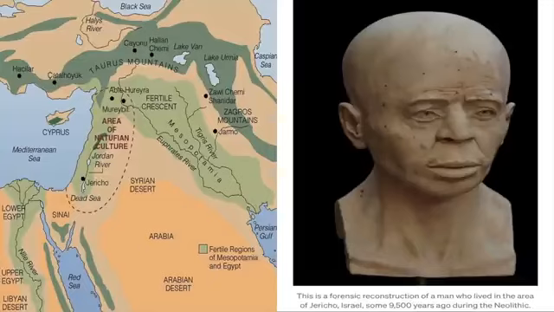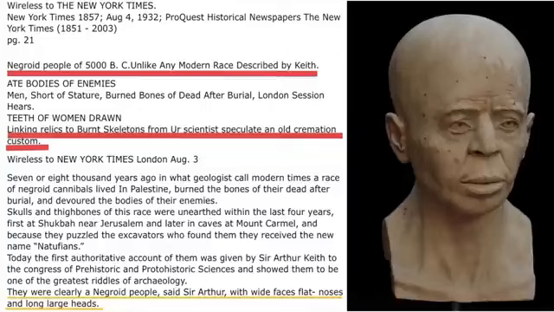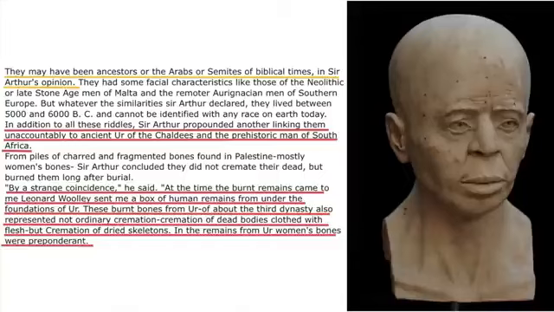And as you can see on the right-hand side of your screen is a forensic reconstruction of a Natufian. And so this is from the New York Times, a paper that came out in 1857 dealing with the Natufians. And it says, they were clearly a Negroid people, said Sir Arthur, with wide faces, flat noses, and long, large heads.